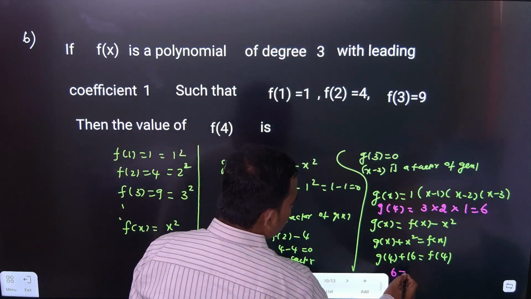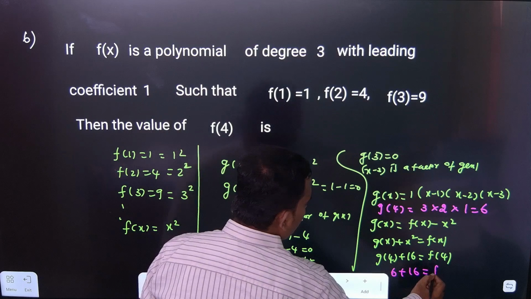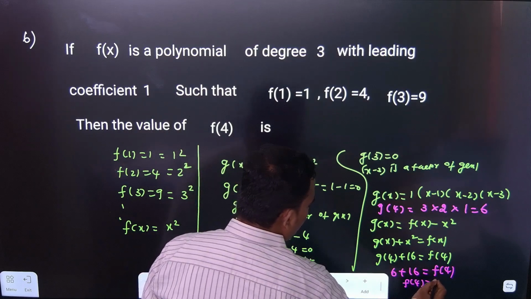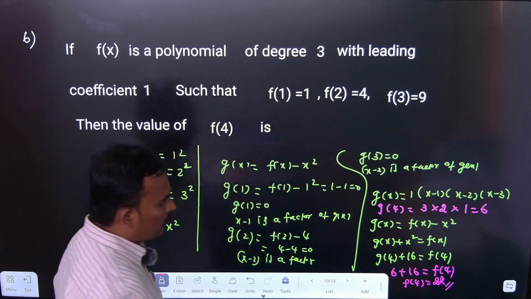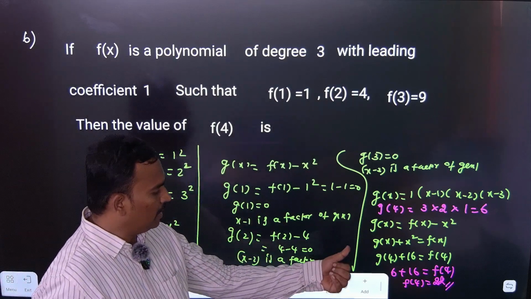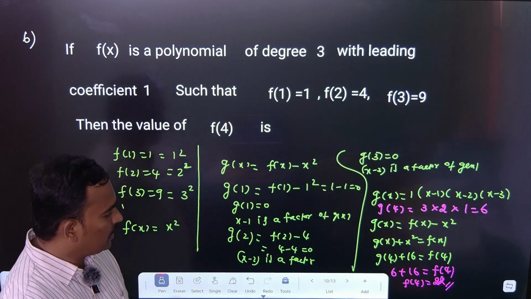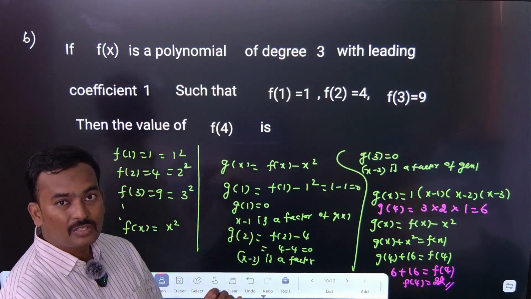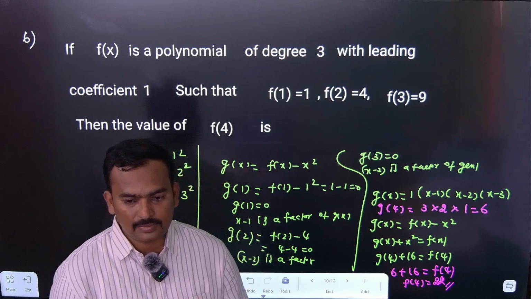Therefore, substituting here, 6 plus 16 is f of 4. So f of 4 is 22. Clear? 16 plus 6 is 22, that is your answer. I hope everyone understands.